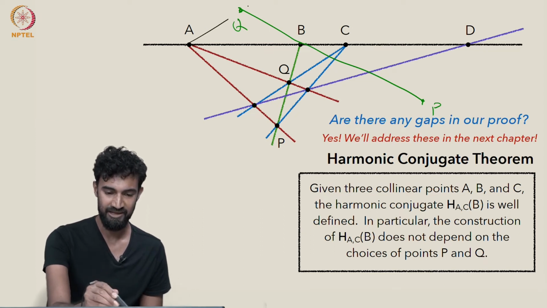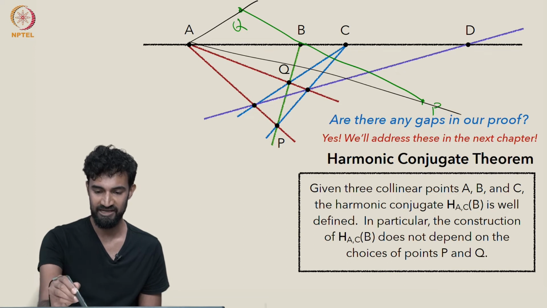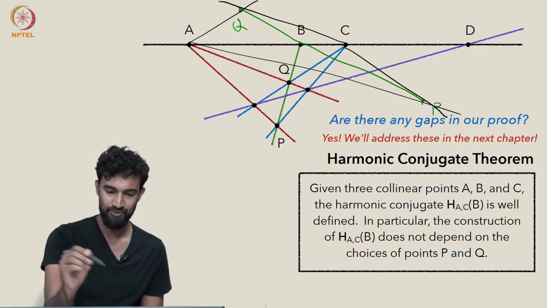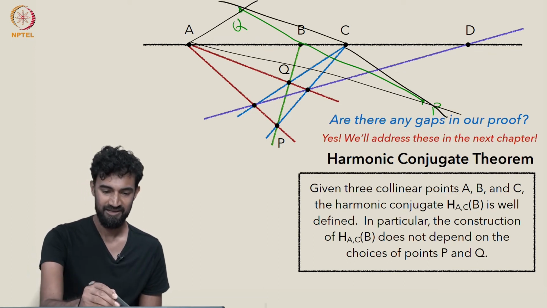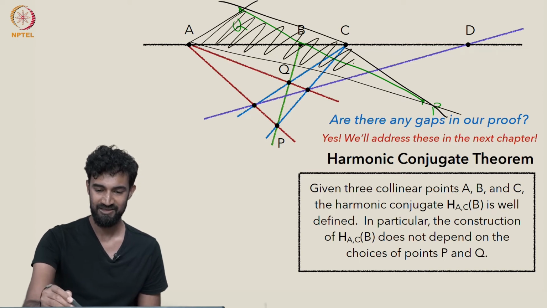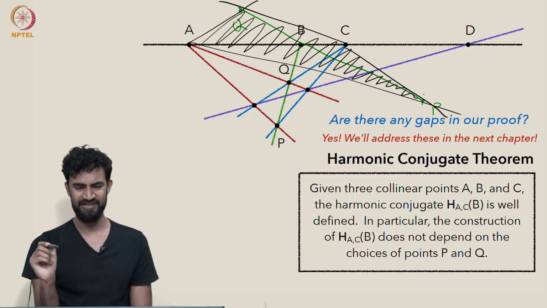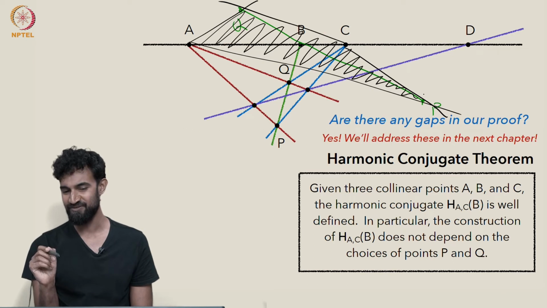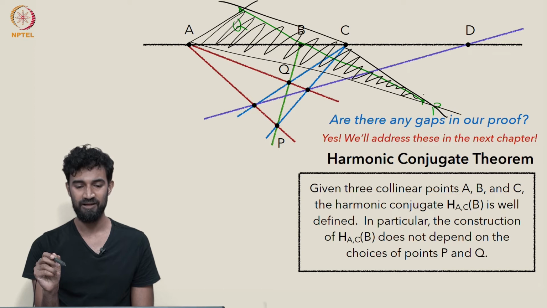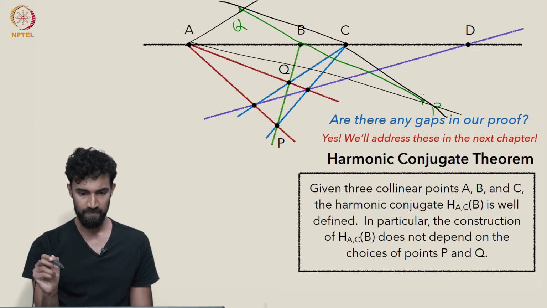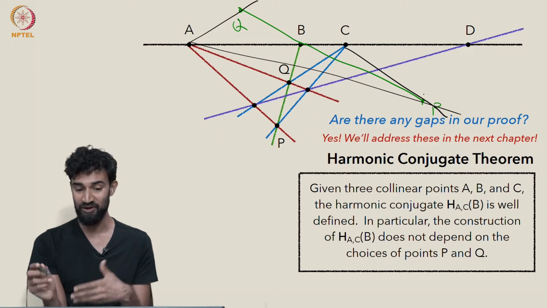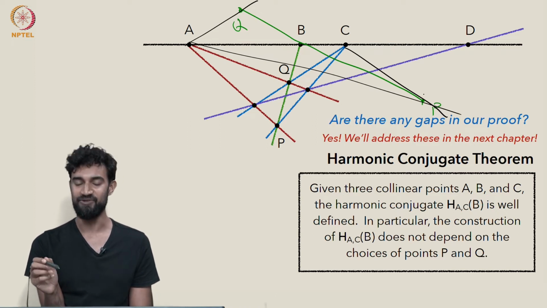I connect up A to P and Q, I connect up C to P and Q, and I get this stuff here, but it's a quadrilateral, but it doesn't seem to be a perspective view of a parallelogram at first glance.